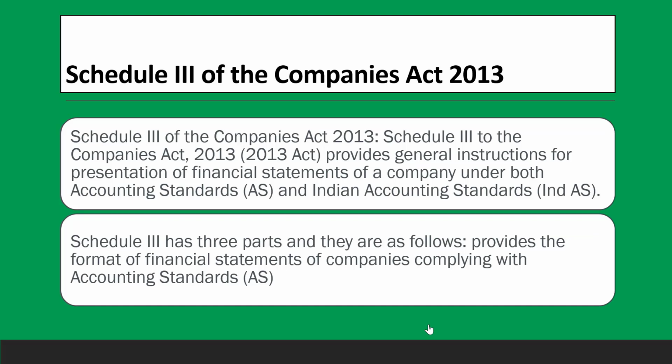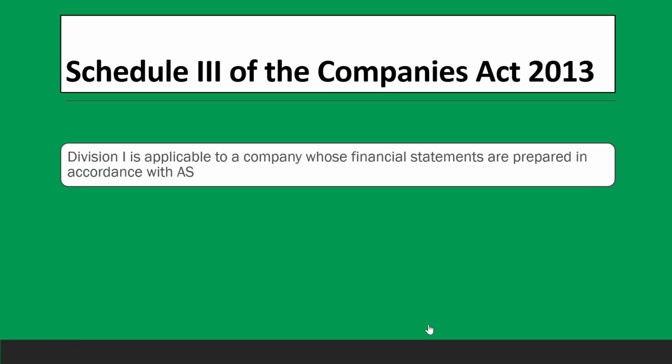Schedule 3 has parts, and they are as follows. It provides the format of financial statements of companies complying with accounting standards. So they have three parts. Division 1 is applicable to companies whose financial statements are prepared in accordance with accounting standards. So there are certain companies which have to follow the accounting standards itself.